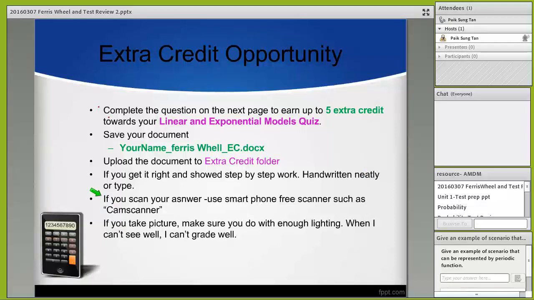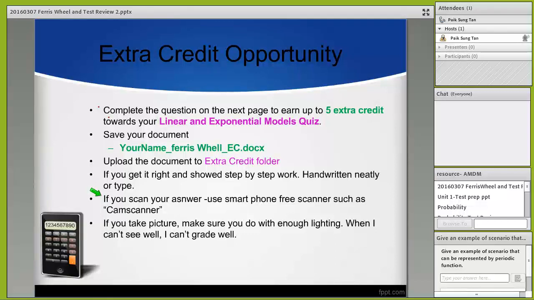And if you don't have a scanner or a smartphone, take a picture in a very bright place. Not too bright, but bright enough. Many times I receive pictures that are too dark. I can barely tell what is on the paper. So it's not good for you. If I can't see well, I can't grade.